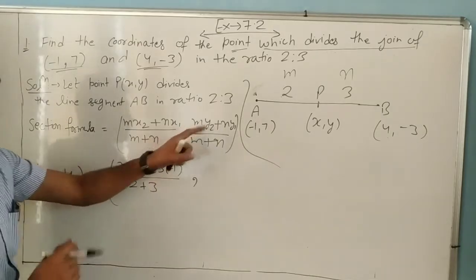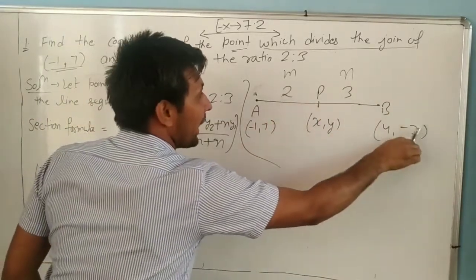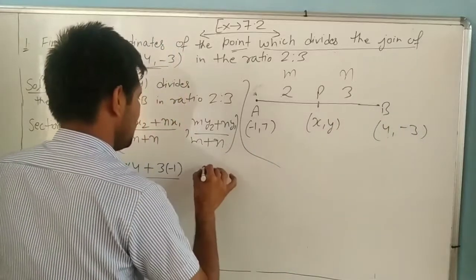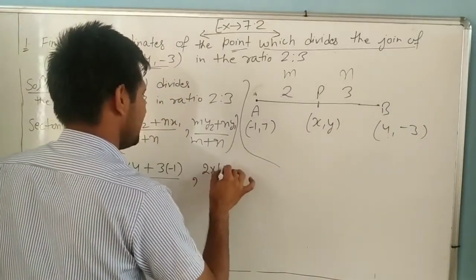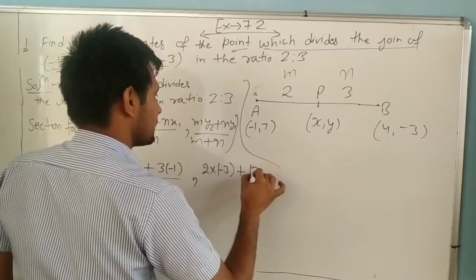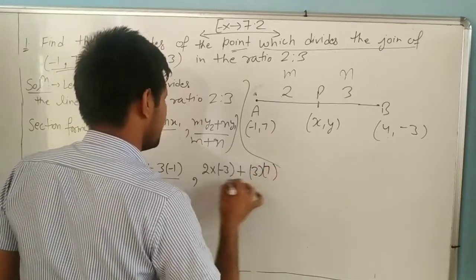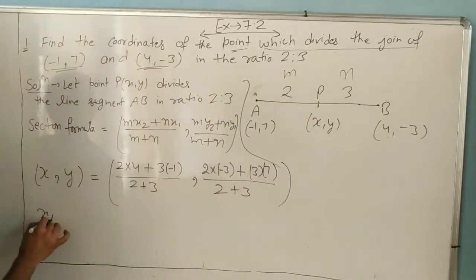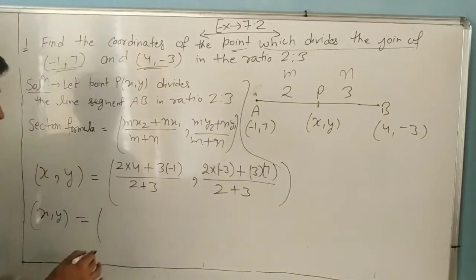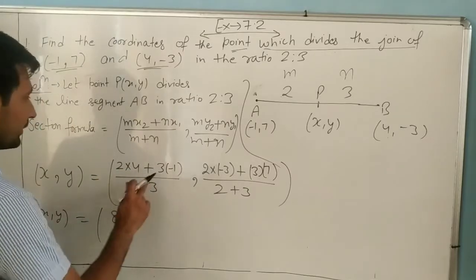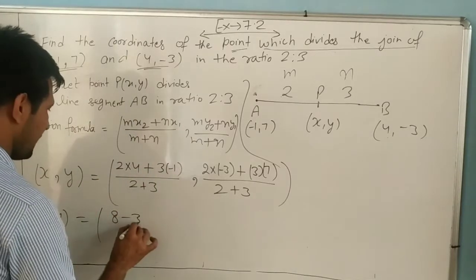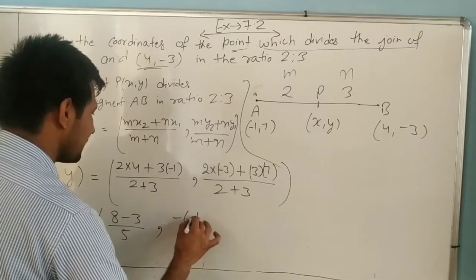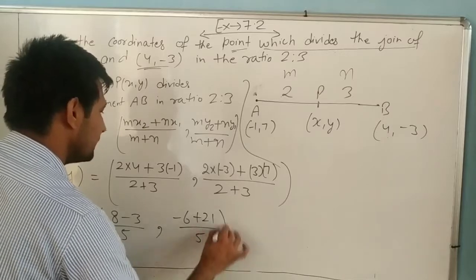Now y: m y2 plus n y1. 2 into -3, dear, plus 3 into 7, divided by 2 plus 3. So (x, y) equals 2 into 4 is 8, 3 into -1 is -3, divided by 5, comma, 2 into 3 is -6 plus 21 divided by 5.